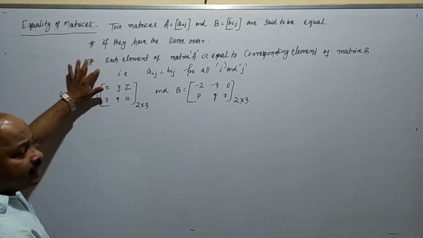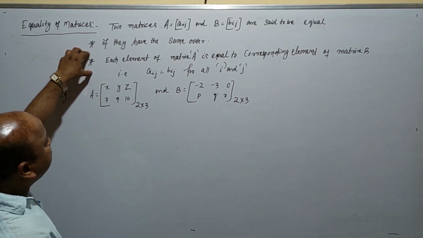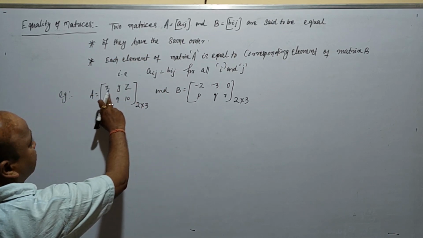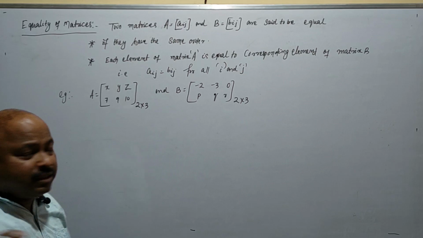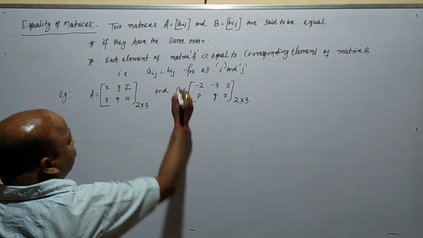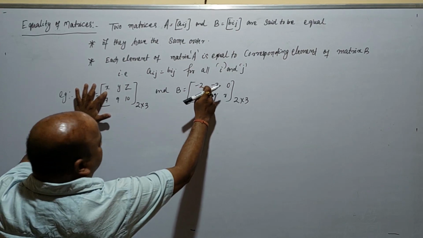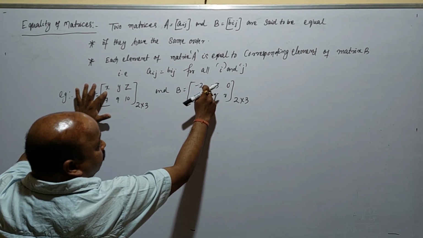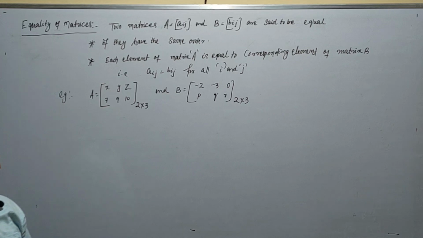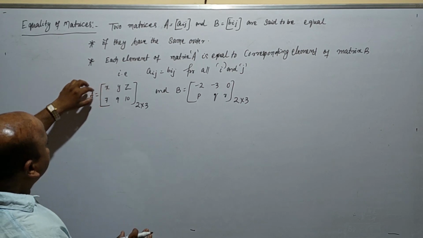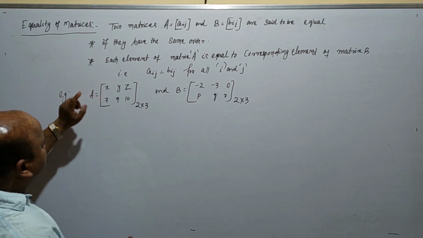Then what is the second condition saying? Each element of matrix A is equal to the corresponding element of matrix B. That implies Aij equal to Bij. That means if you start from A11, it is equal to the A11 element of the second matrix.